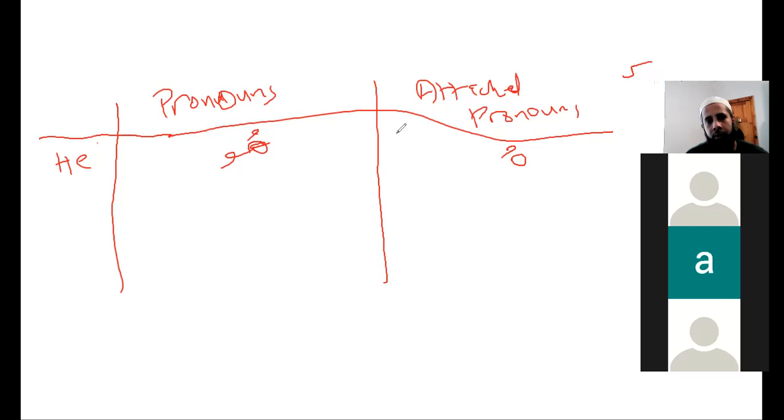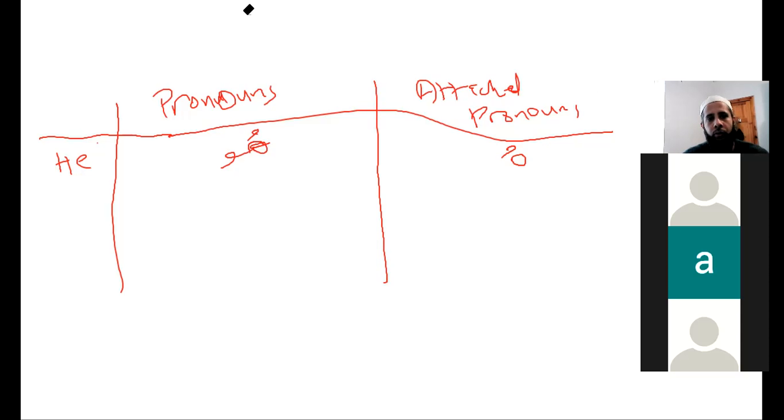So when you say attached, it's going to be like this: kitabuhu. Attached to kitab, his book. That's why they are called attached pronouns, because they are attached to other words towards the end. In Arabic, al-damair al-muttasila.